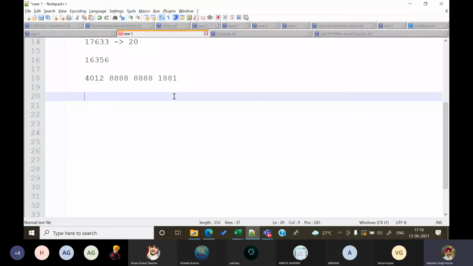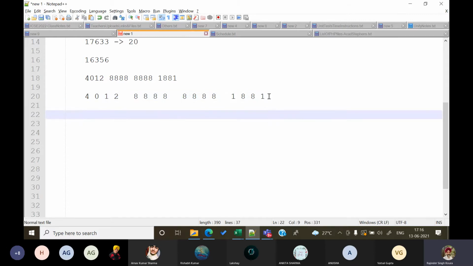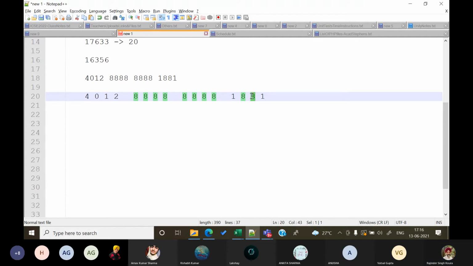Okay, let us see how the process of adding up happens. I'll copy this again and I'll separate them. Okay, what we'll do is, starting from the right hand side, leaving the check digit, I start doubling each alternate character.